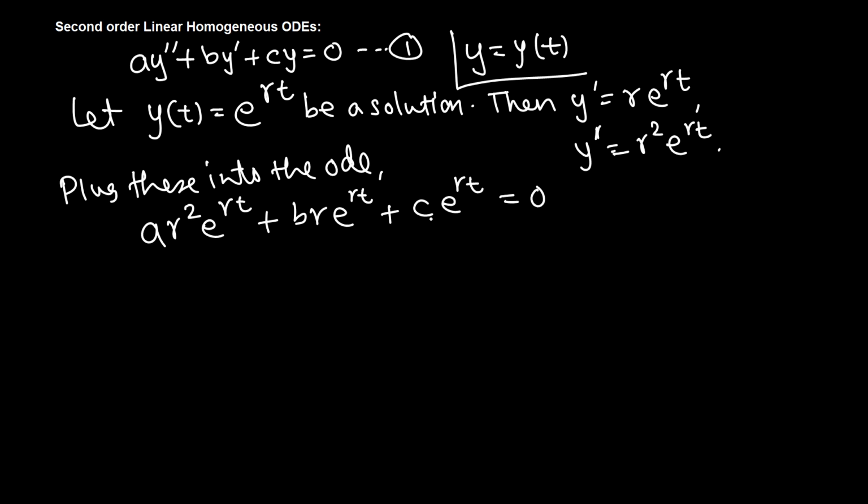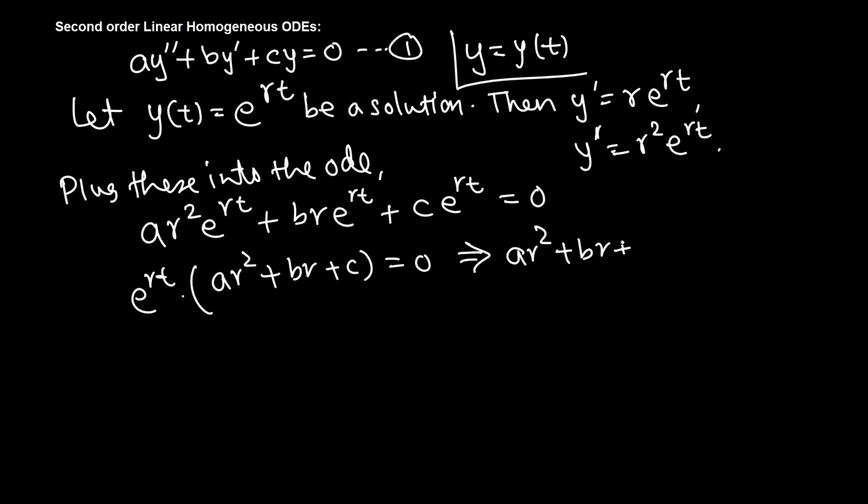In each term we have e^(rt), so we can factor that out. That leaves a r squared plus b r plus c equals 0. Now we have a product of two things equals 0. Since exponential functions are never 0, this must be 0. This implies a r squared plus b r plus c equals 0.